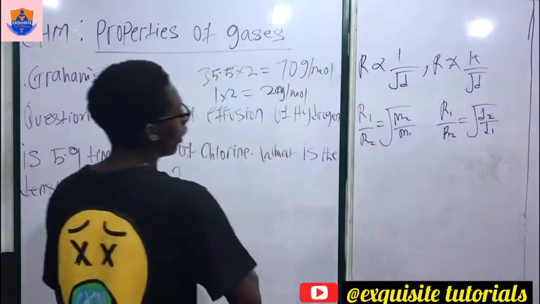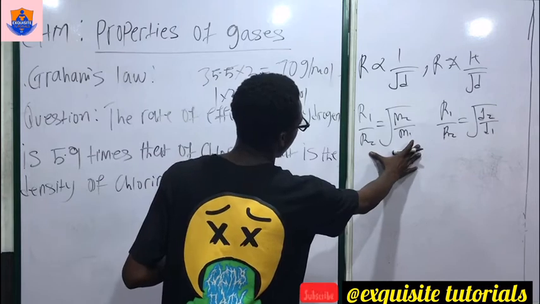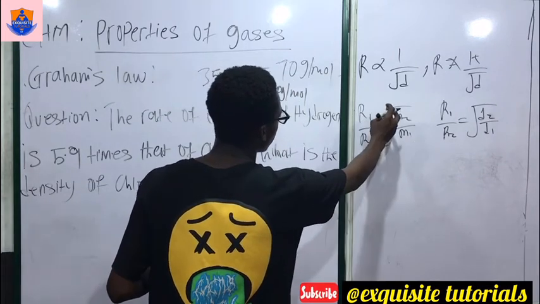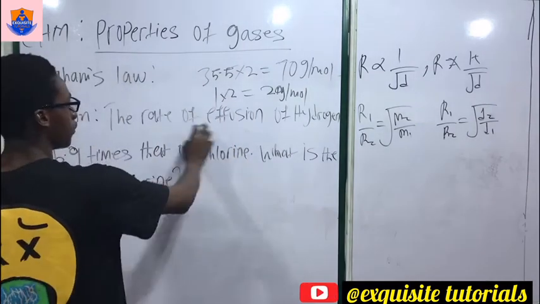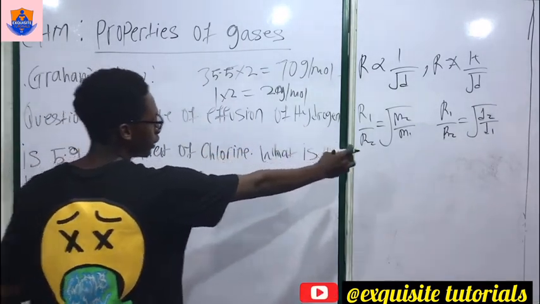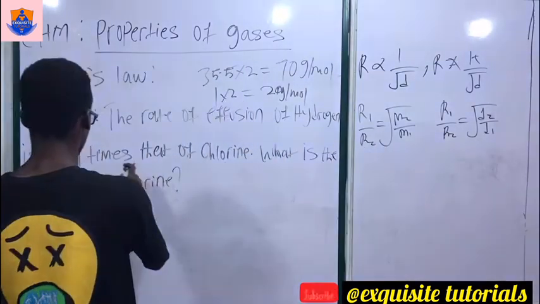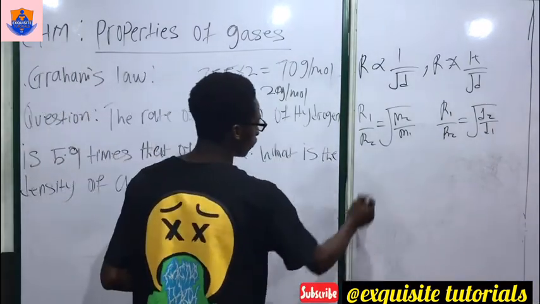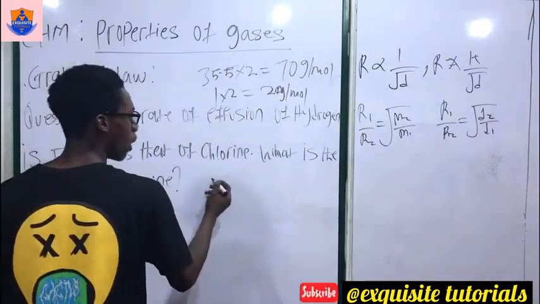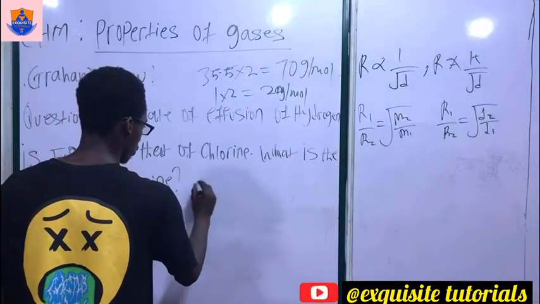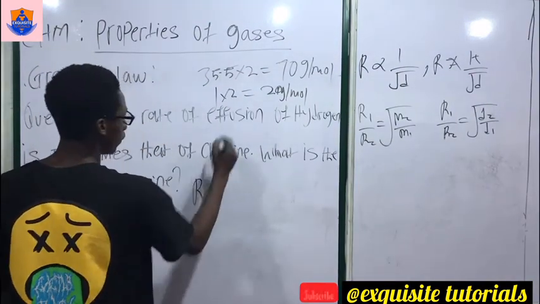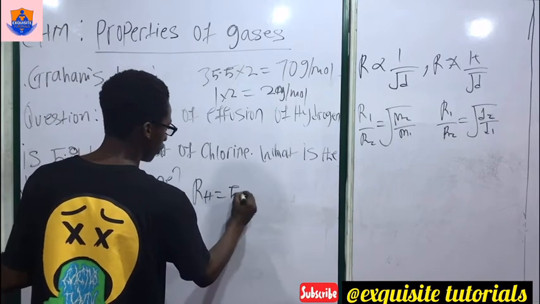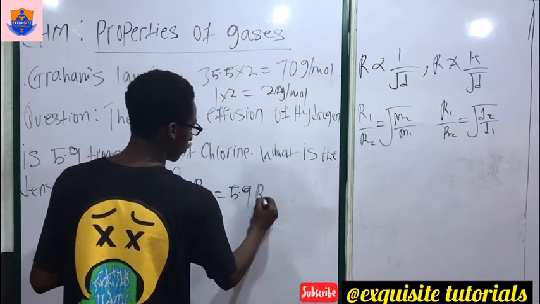So now remember I said our R1 to be hydrogen, then our 2 here will be that of chlorine. So now remember our relation was rate of hydrogen is equal to 5.9 times rate of chlorine.